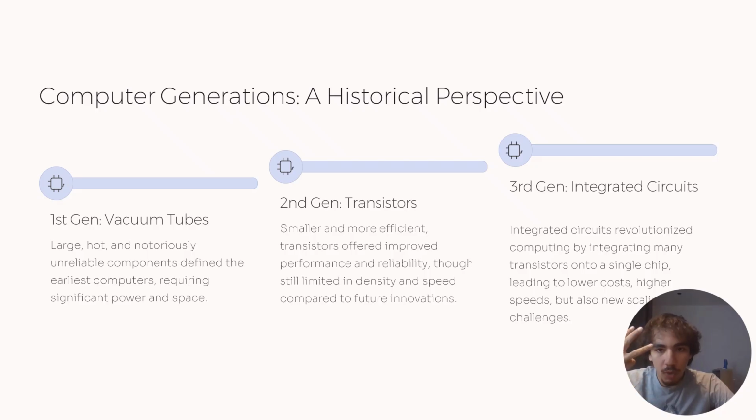And the third one, which is the integrated circuits, combined many transistors on a single chip, which reduced size and cost while boosting speed, but eventually scaling these circuits still faced physical and economic challenges. We can say that, yes.